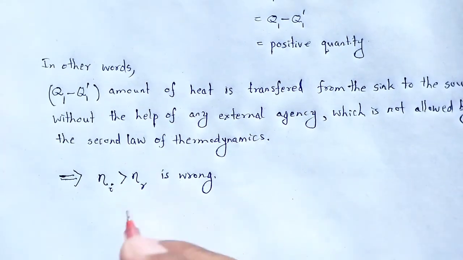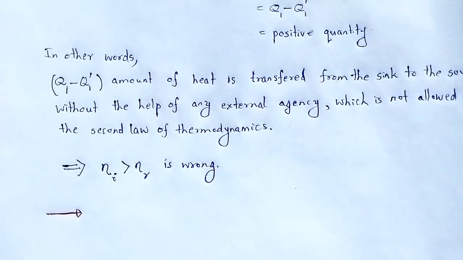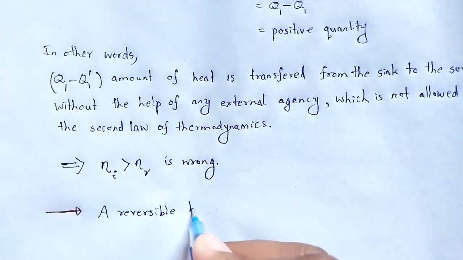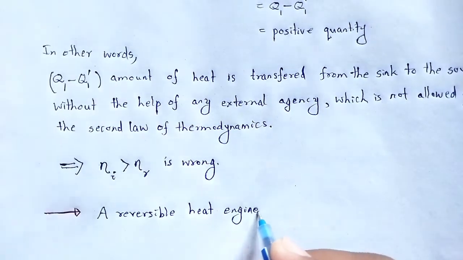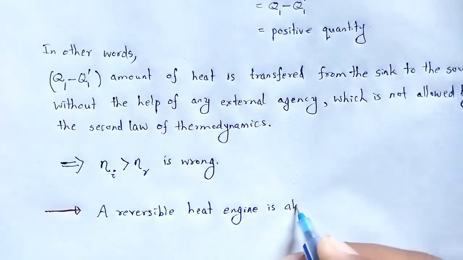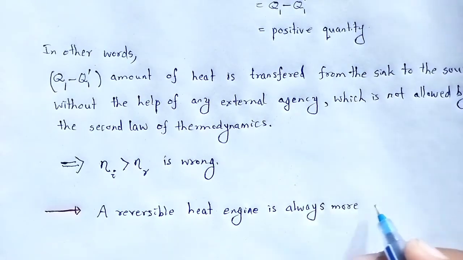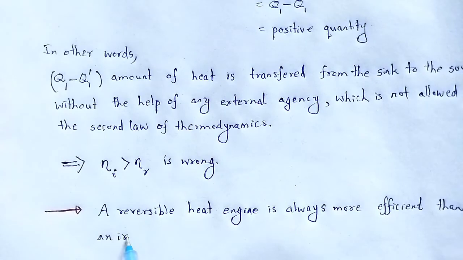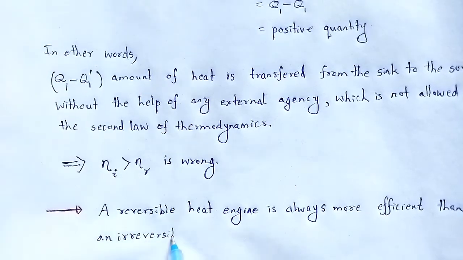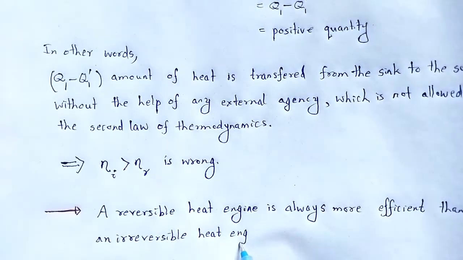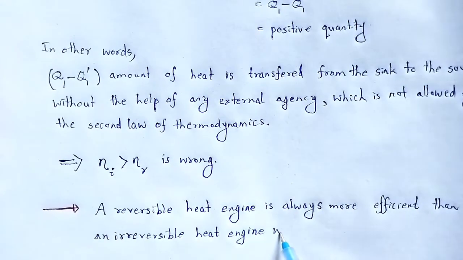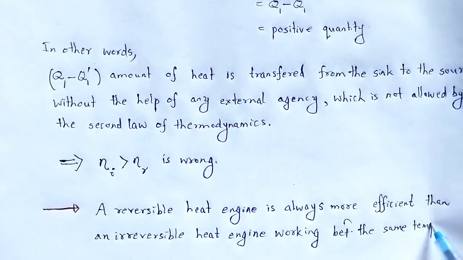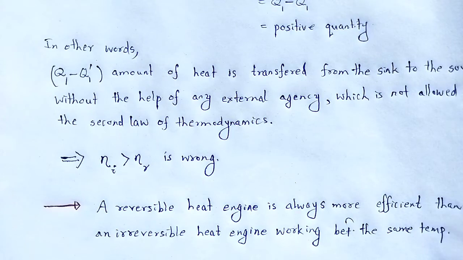So, finally we get that a reversible heat engine is always more efficient than an irreversible heat engine working between the same temperatures. This is Carnot's theorem.